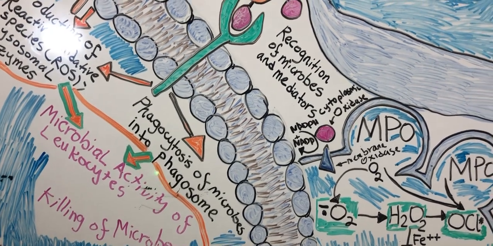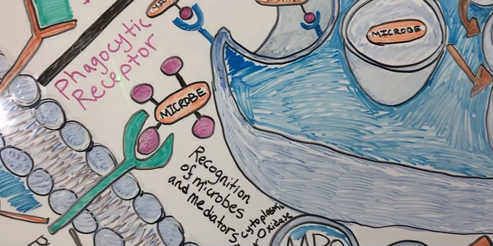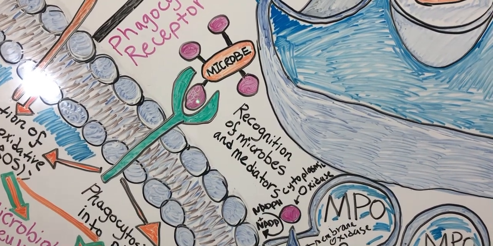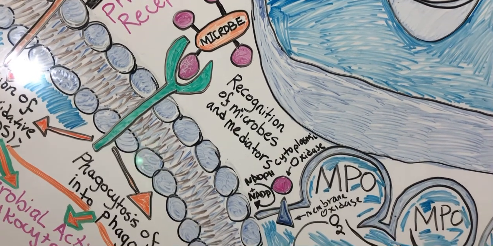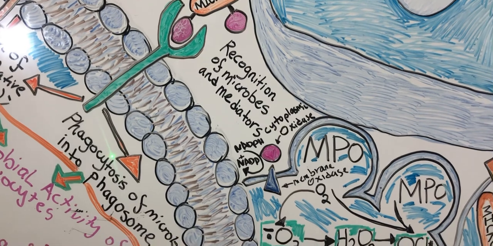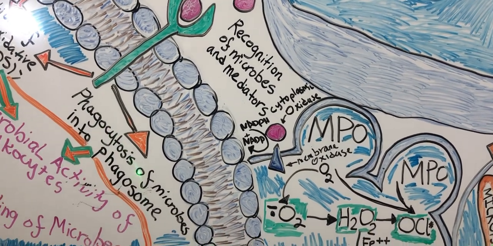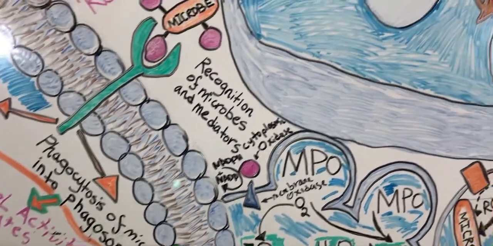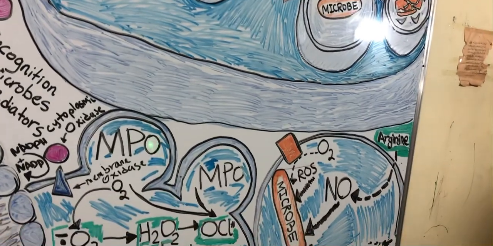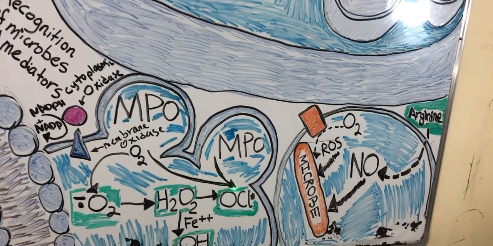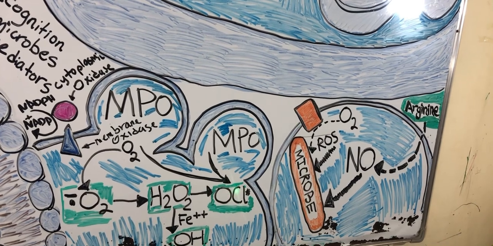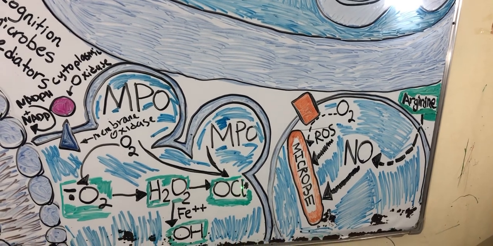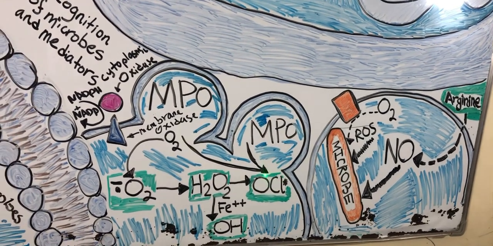engulfed material. And then last but not least, we have the phagocytic receptor that binds the microbes, leading to intracellular events like phagocytosis of microbes in the phagosome, microbial activity of the leukocyte, and killing the microbes. Then we have myeloperoxidases that participate in the halogenation destructive reaction of using oxygen with chlorine to destroy these infective agents.